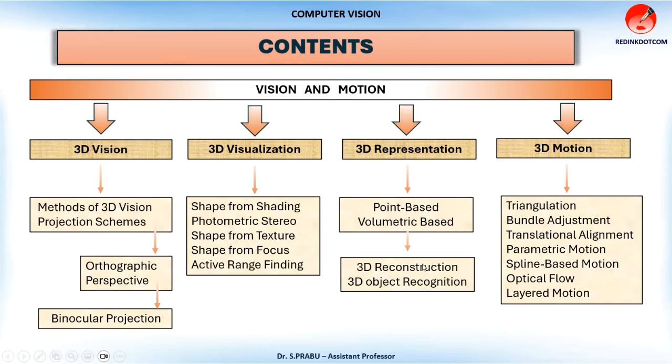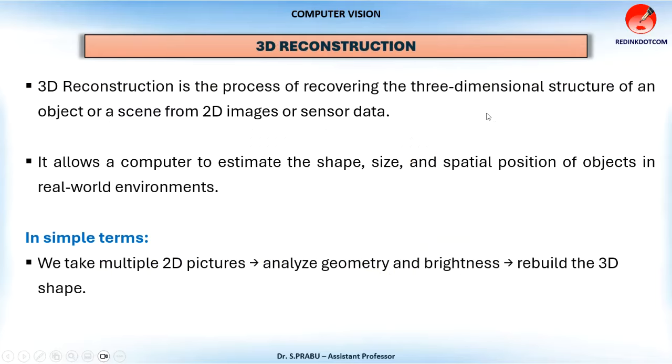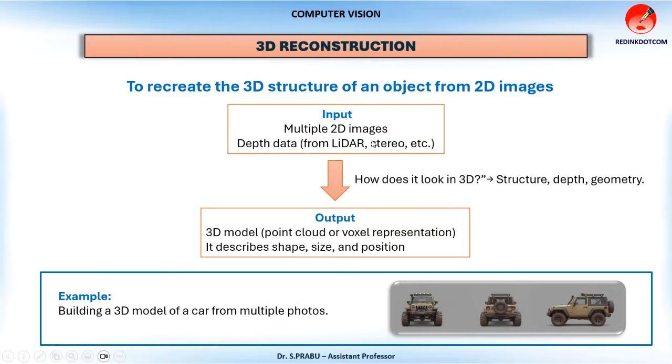That data can be reconstructed, and then a particular 3D object can be identified by 3D object recognition. 3D reconstruction is recovering the original 3D objects from the stored content inside your computer. In 3D representation, we can store multiple images along with the depth information, which can be reconstructed and finally made into a 3D object. For constructing the 3D object, your computer should know different poses of the 2D images.